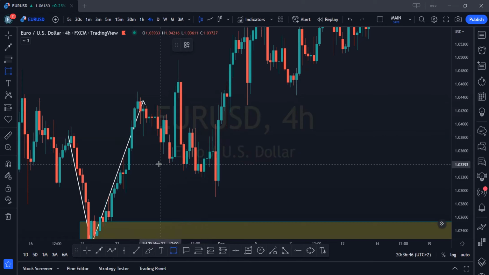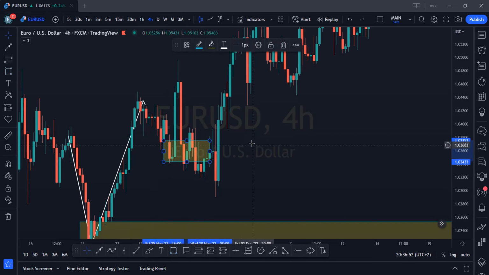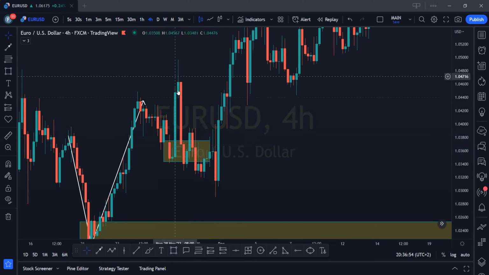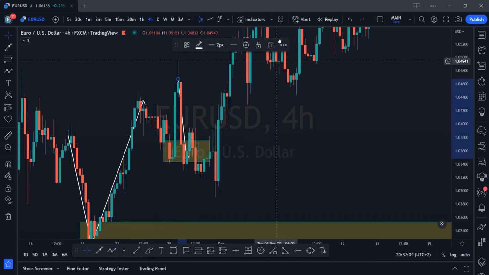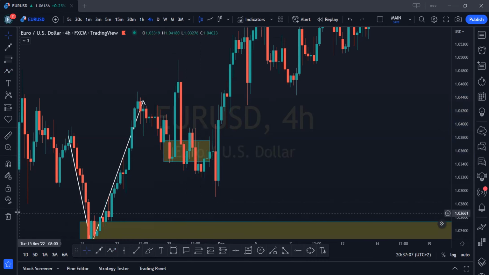In this case, let's take this. As you can see, the second time that price came down, that support zone was broken. So that's why support zones don't always hold.